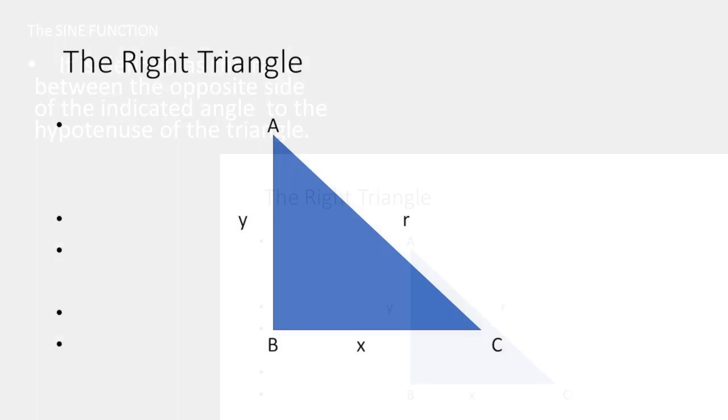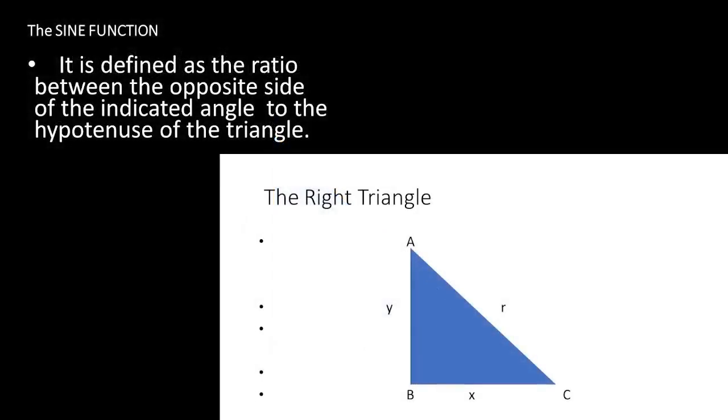So we now come to the sine function. The sine function is defined as the ratio between the opposite side of the indicated angle to the hypotenuse of the triangle.